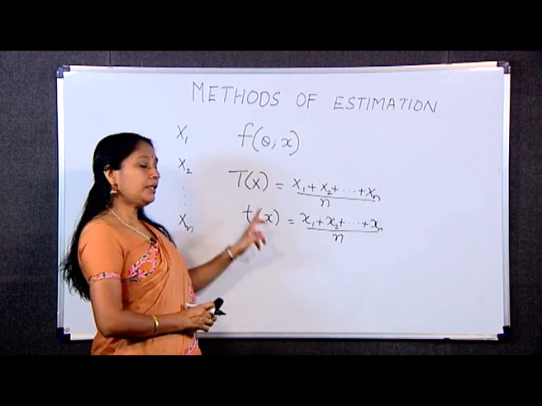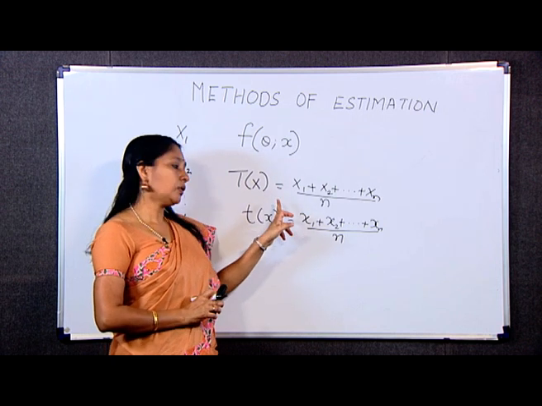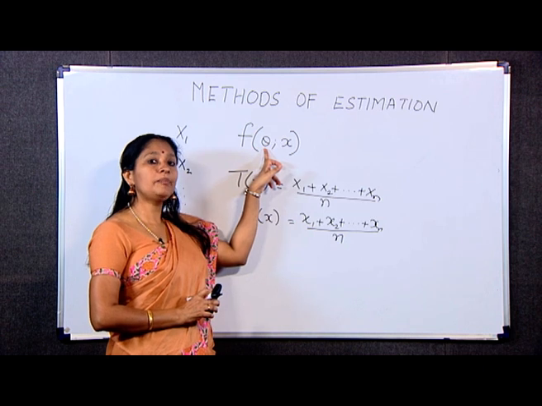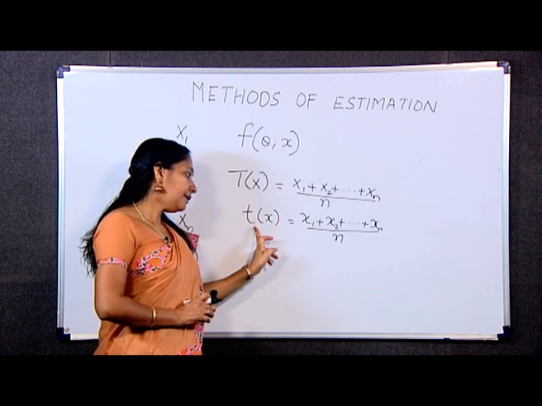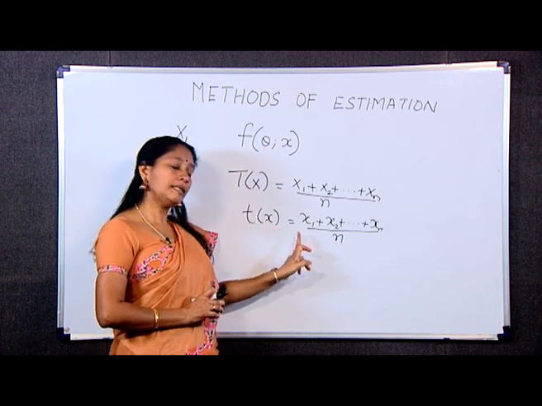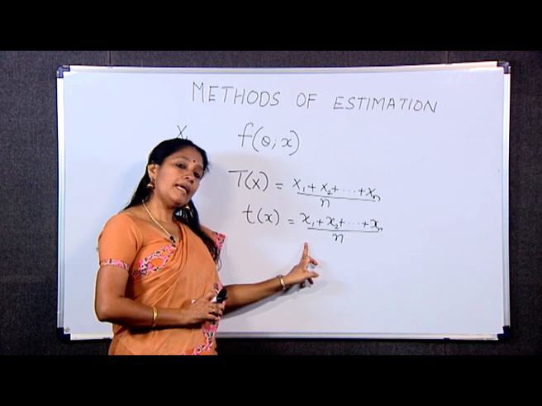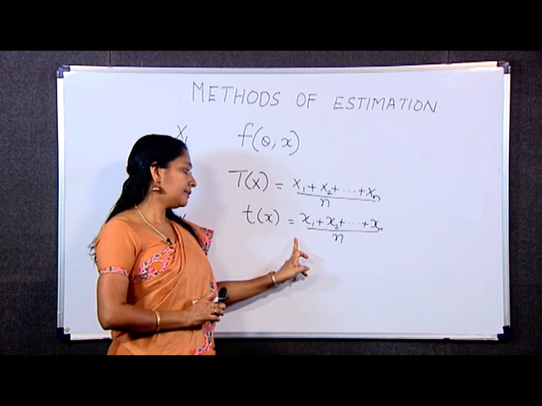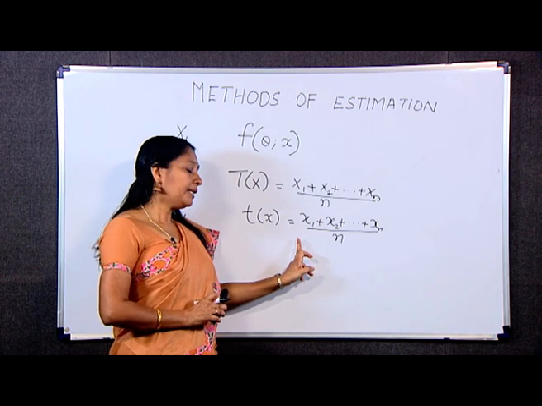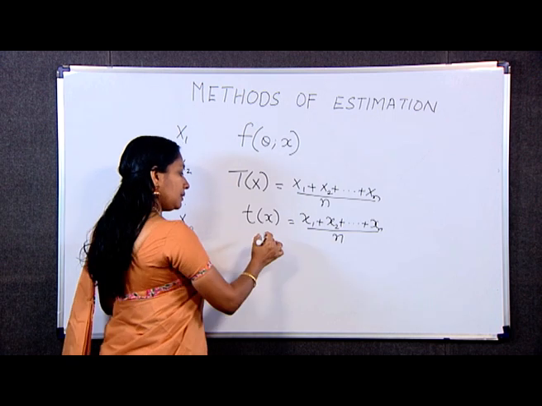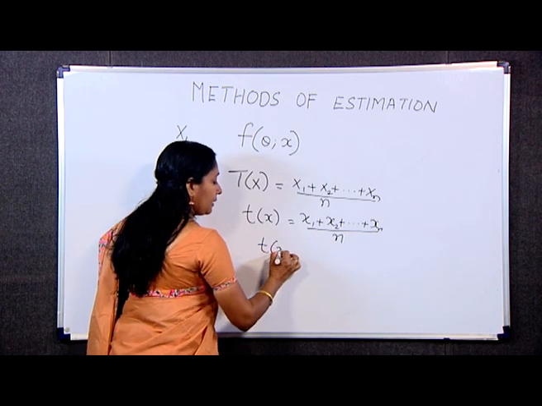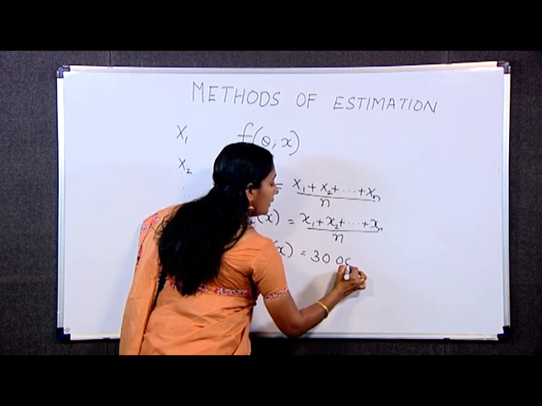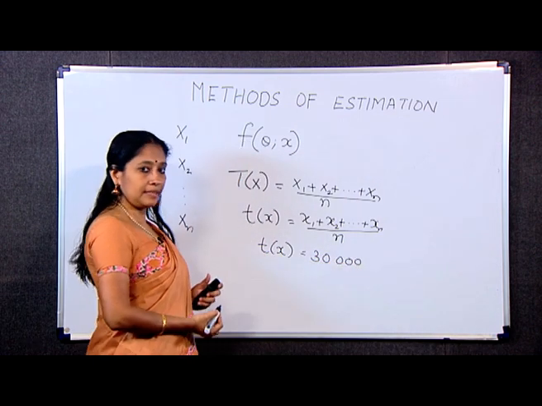Here we use the statistic t of x as an estimator for estimating the population parameter theta, and small t of x is a single value. It is an estimate. This single value is a method of point estimation, and suppose you are getting this t of x as 30,000, then this is our point estimate.